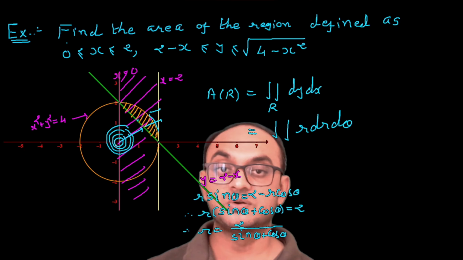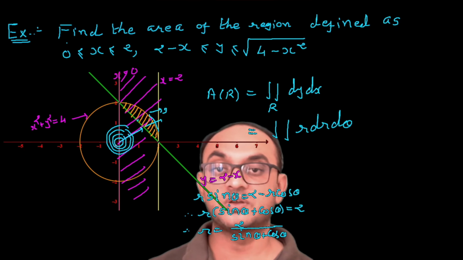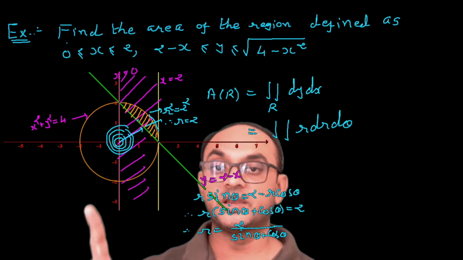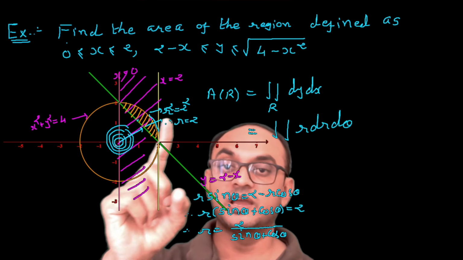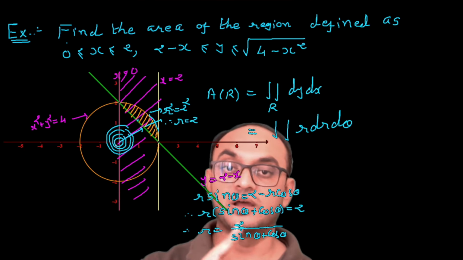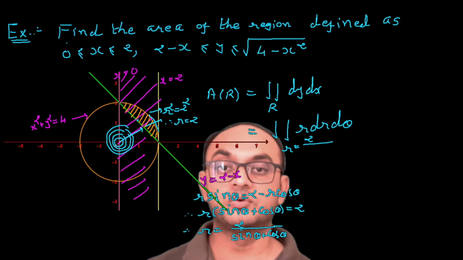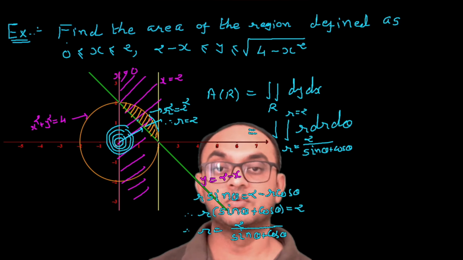And what is the equation of this circle? x square plus y square, which is r square, is equal to 2 square, 4. And therefore r is equal to 2. So my radius starts from this and ends at 2, right? r goes from 2 upon sin theta plus cos theta to r equal to 2.